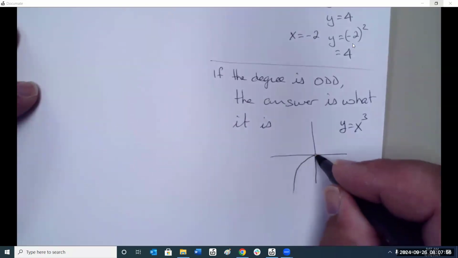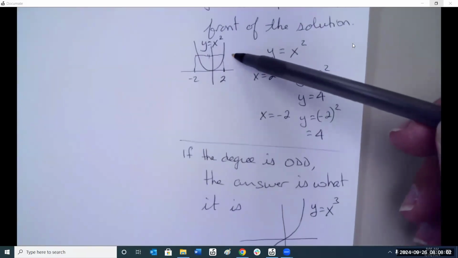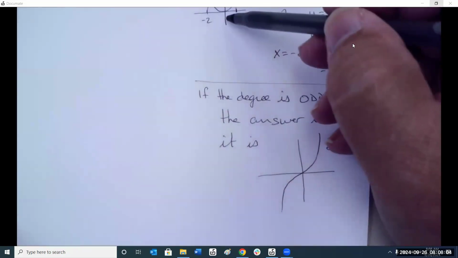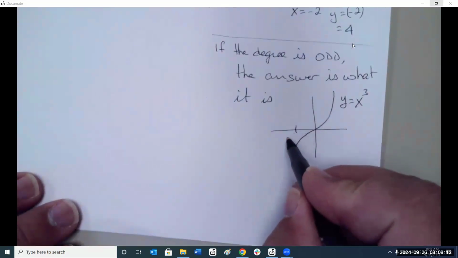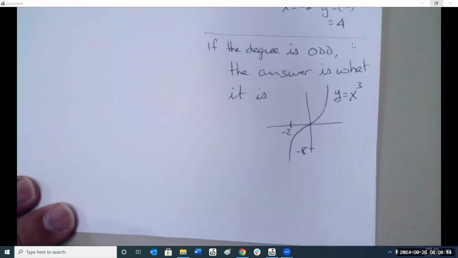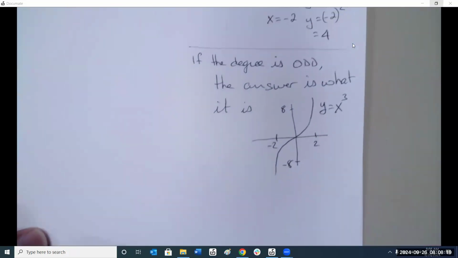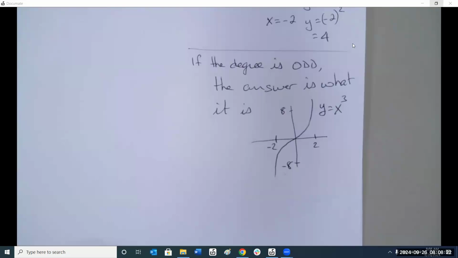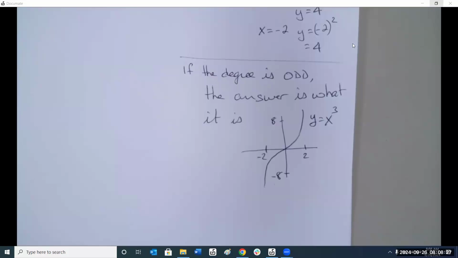Yes, it's an increasing function. It actually looks like this function. Except if x is negative, -2 times -2 times -2 is what? Yeah, -8. So if it's positive, the answer is positive. If it's negative, the answer is negative because you have an odd number of signs. So far, so good.